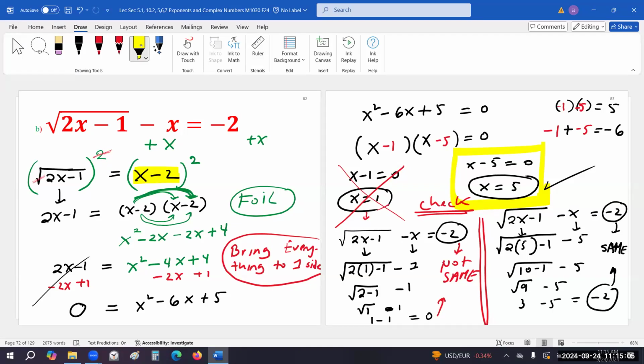Once it's alone, it becomes weak. So we put pressure on it by putting a square. So square root, square power cancel out. We're happy with one side, but the other side, we have to use FOIL to distribute them. And then we bring everything to one side because our goal is to factor them. Once we factor, we set each factor equals 0, solve for x, and then we check. So these are the steps.